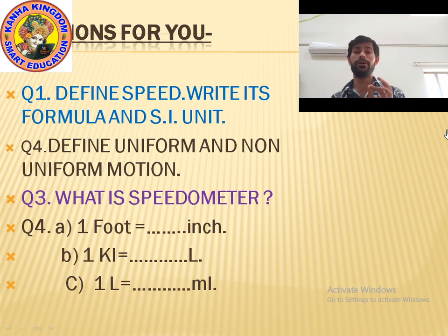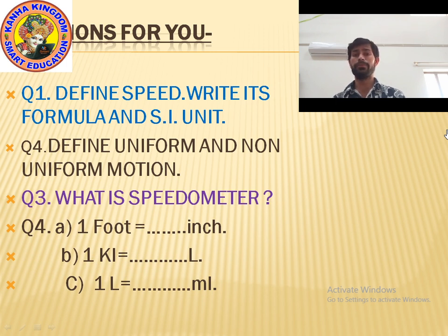The motion of an object in a straight line with constant speed is known as uniform motion. Another definition is the equal distance traveled by an object in equal interval of time is known as uniform motion.